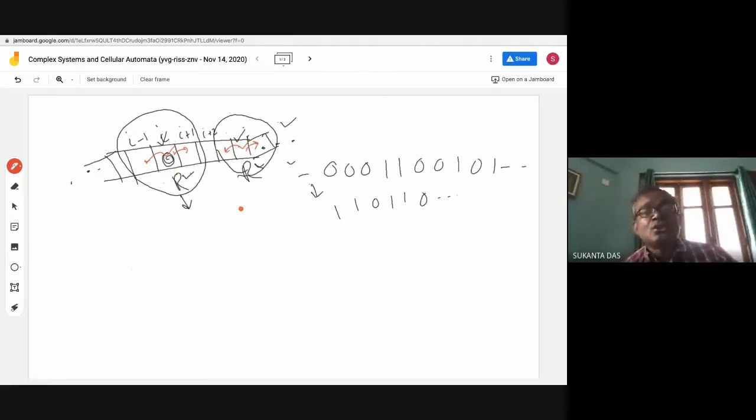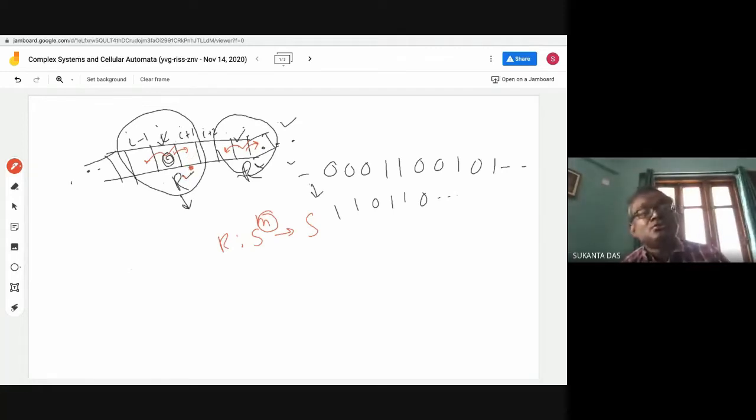In fact, when I specify what is my R, I write R in this way, say to the power m to s, right? So when I specify m, actually I am specifying on which neighbors a cell depends. So therefore, in the neighborhood dependency in a cellular automaton, there is uniformity, right?